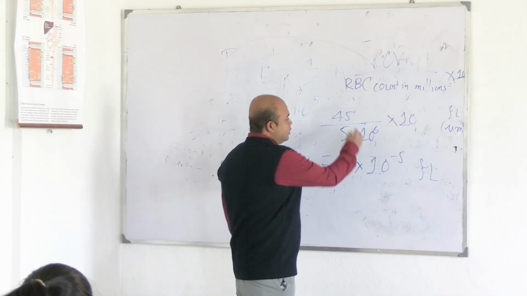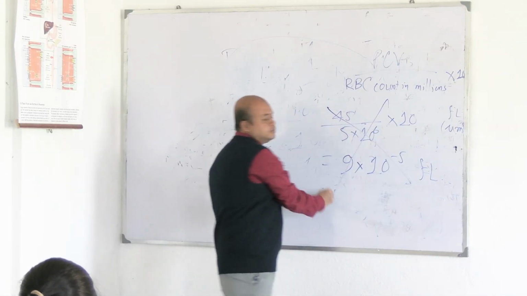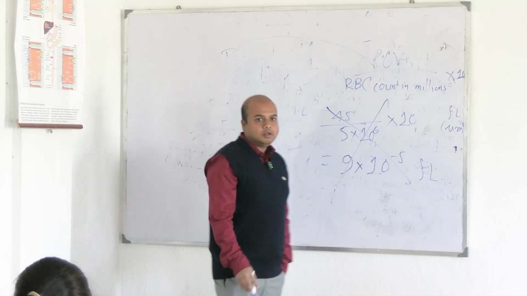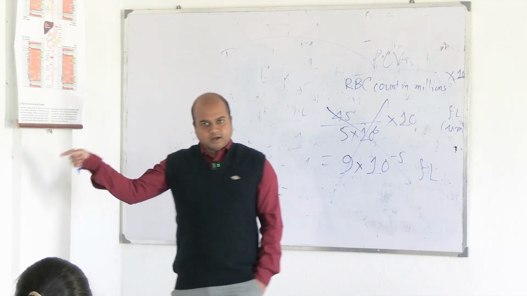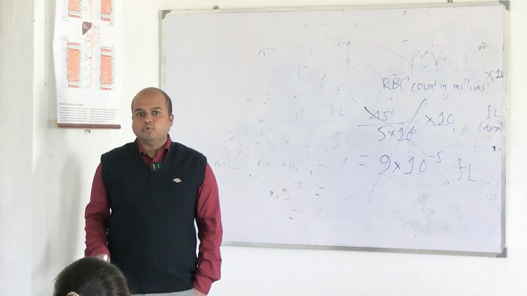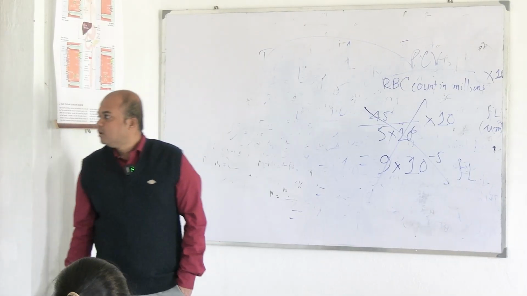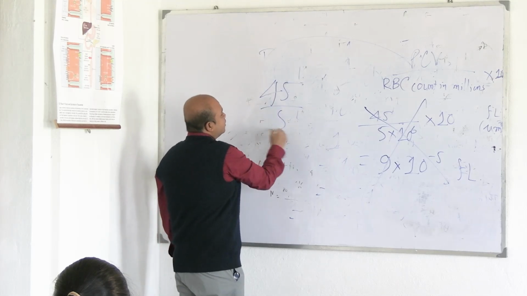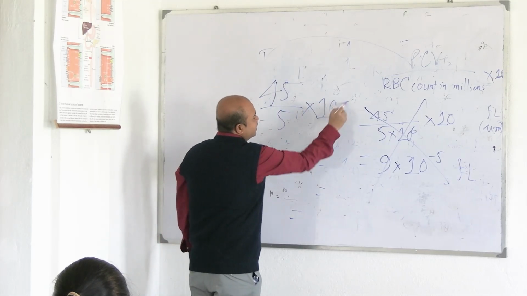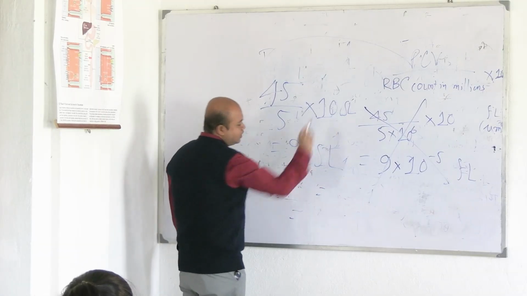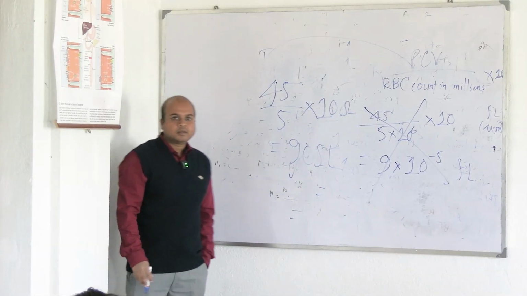Okay. Now make a big cross on this. Write it and then cut it, and that will remain in your notebook at least till your exams. Now write 45 into 5 by 10 femtoliters, it's 90 femtoliter, and give a big tick over it.